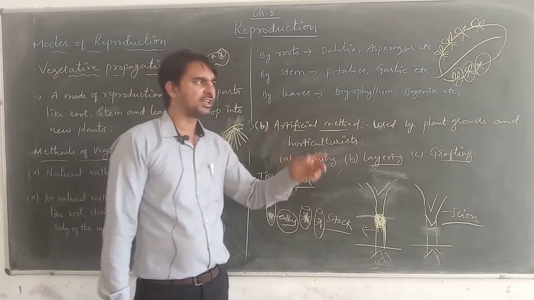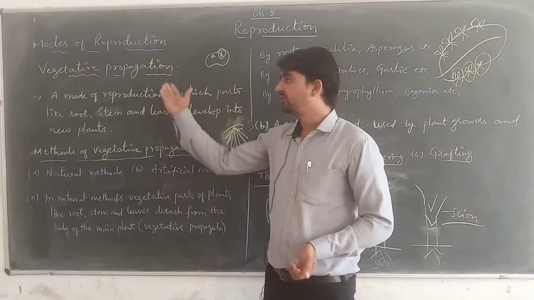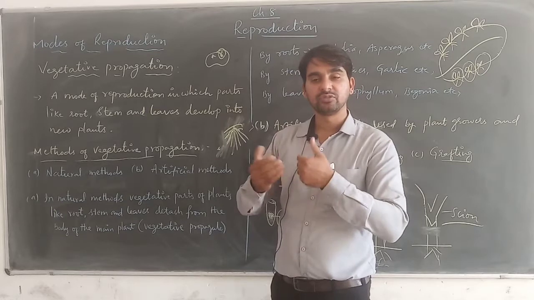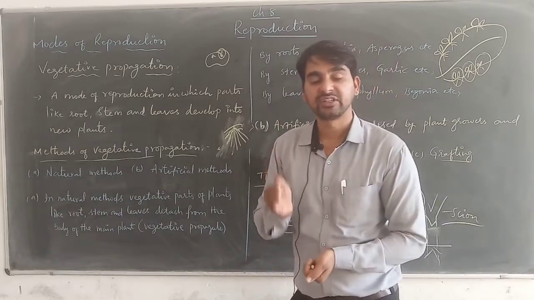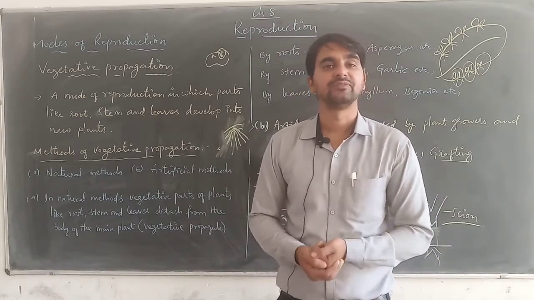So overall I can say that vegetative propagation has many advantages. This vegetative propagation method can be used to develop new plants from plants which don't have the capability to generate fruits, seeds and flowers.